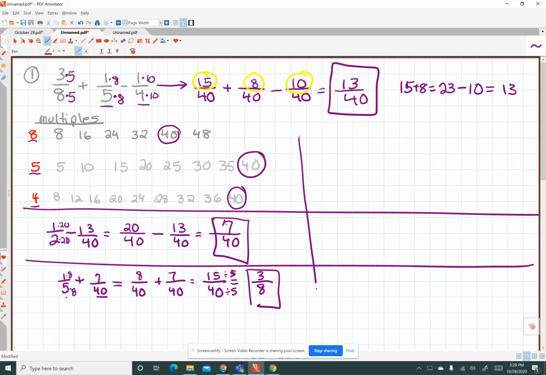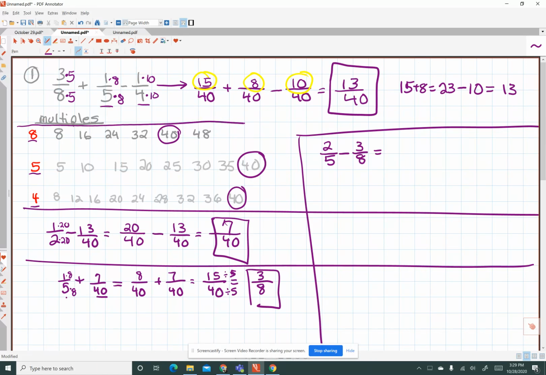I think I have enough room to do a few more problems here. 2/5 minus 3/8. So we need, let's see, we have some multiples over here that we made. We can look at this chart. And we need the smallest number that 8 and 5 are both factors of. And I see that, again, we're going to have to go with the 40ths.